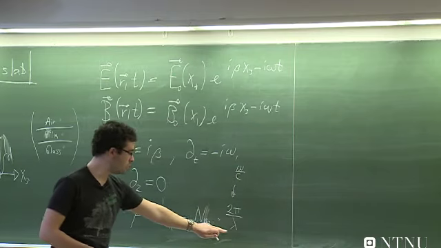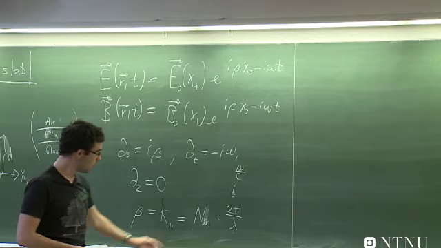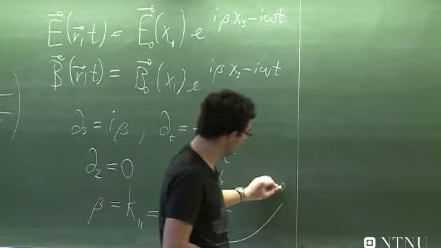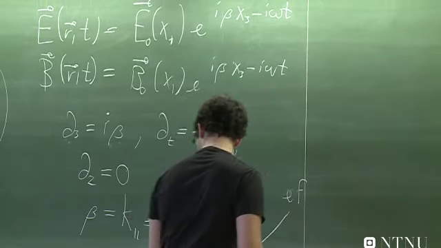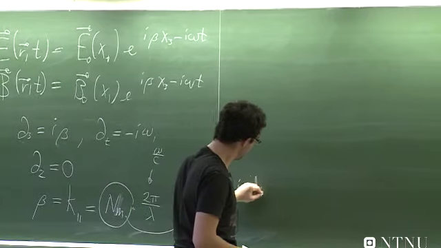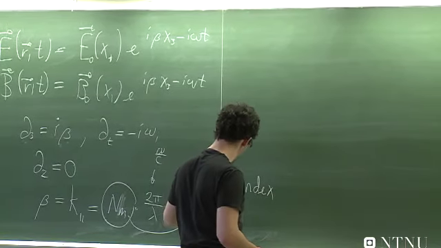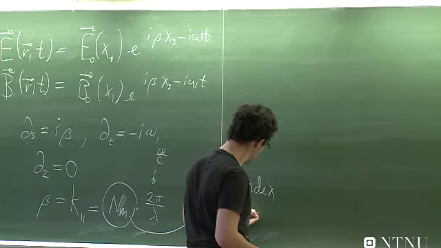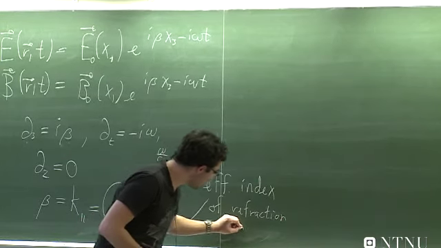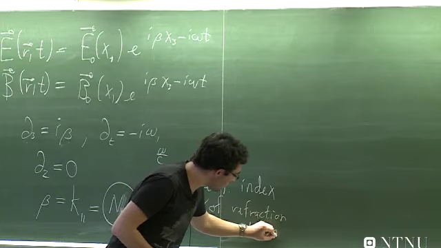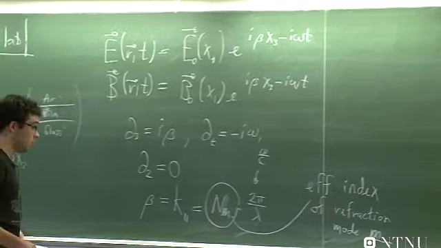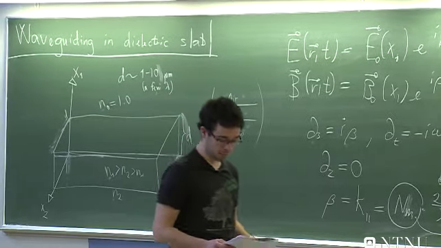So this is the vacuum wavelength of the light, and this is the effective index of refraction for mode M. And we'll get back to what this mode M means towards the end, when we've found the dispersion relation.